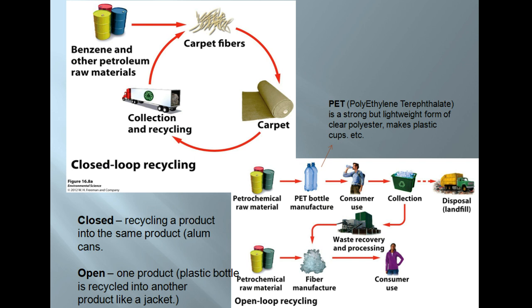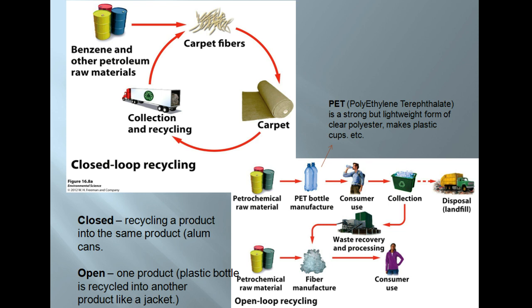In open loop recycling, you take one product, break it up into its parts, and then make a totally new product with the raw materials. Like in this example, they have plastic bottles that are used.